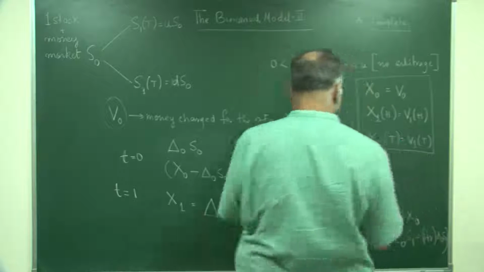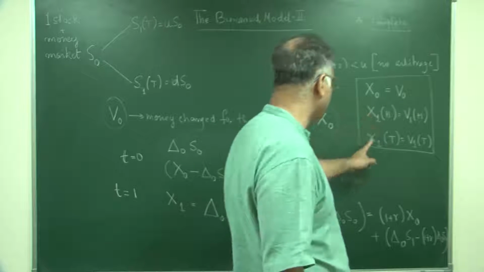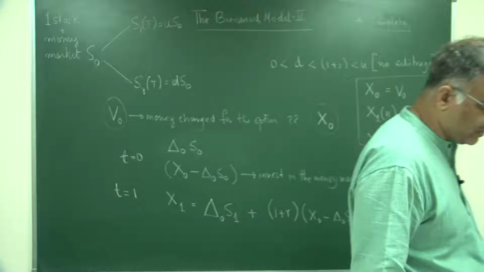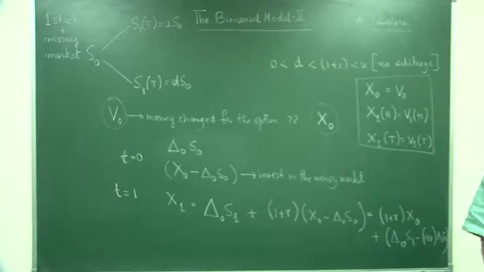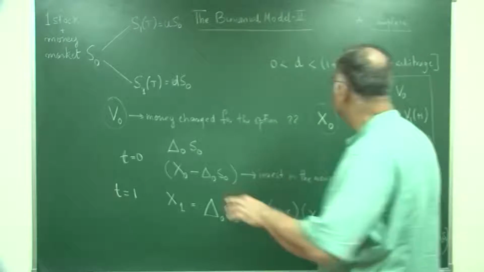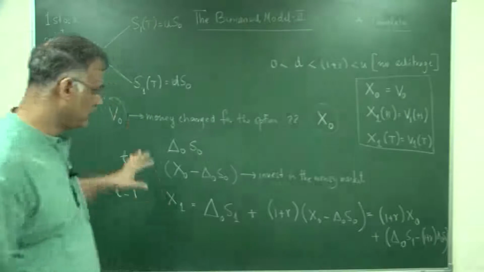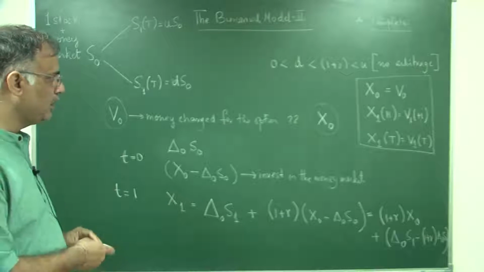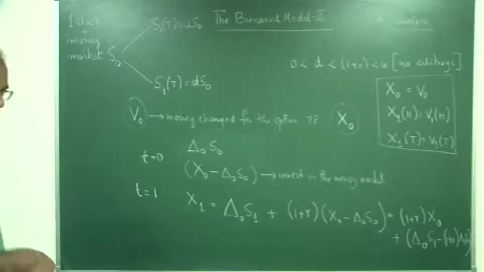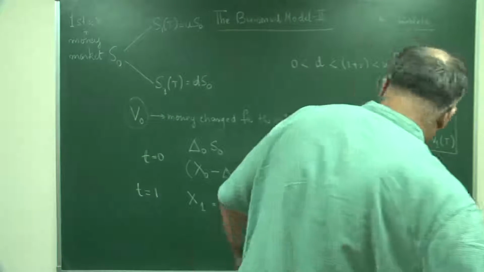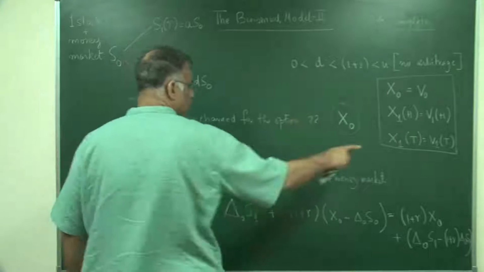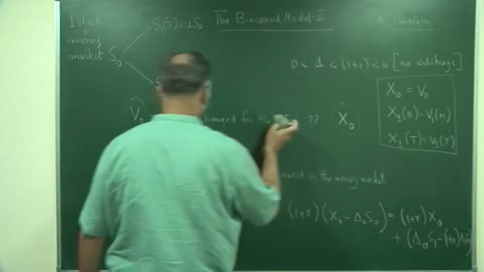So, I now know this. I can separately write these two conditions, and from there infer what x naught is. So, I will just write down for you explicitly these things.